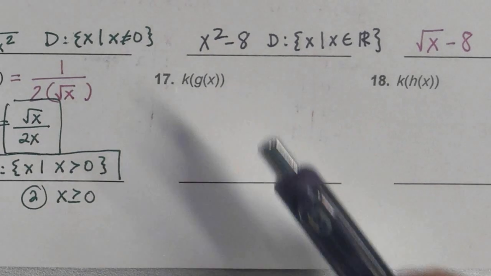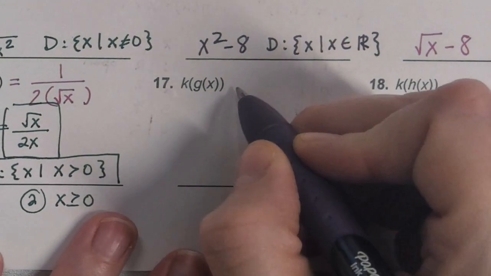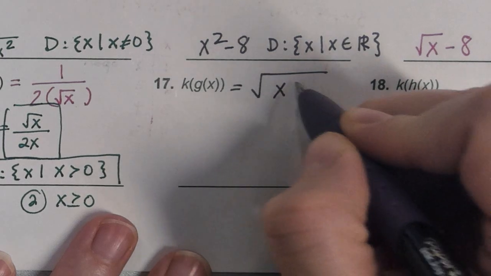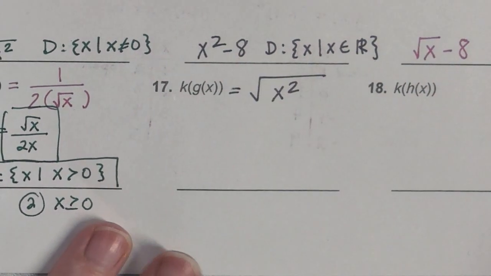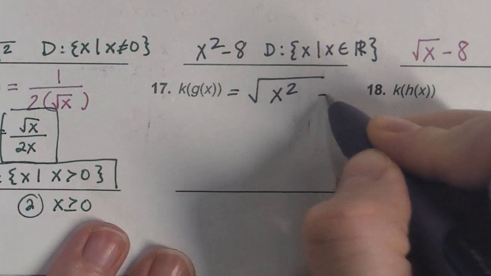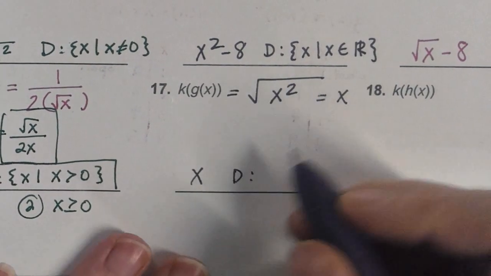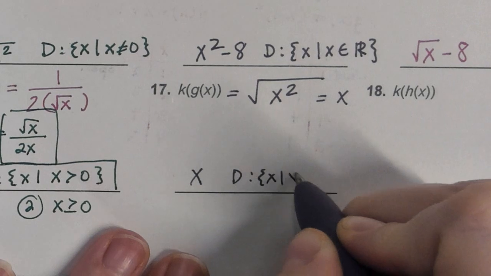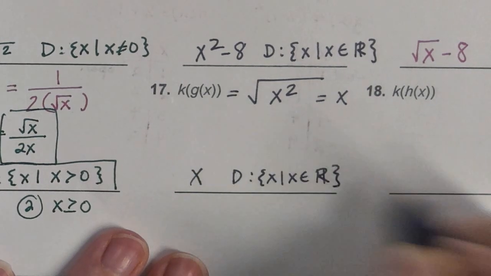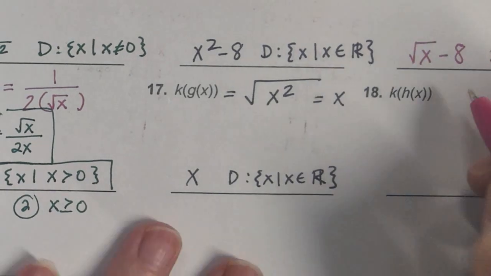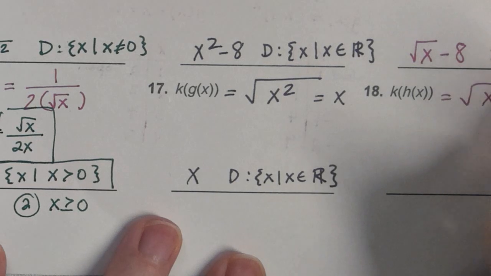All right, and then for the next one, you have the square root of, when you plug in g of x, it's x squared. This one you can simplify. What's the square root of x squared? X. Okay, so it's x, and then the domain is going to be x, such that x is an element in the real number set. Alright, and then the last one is the square root of x minus 8.